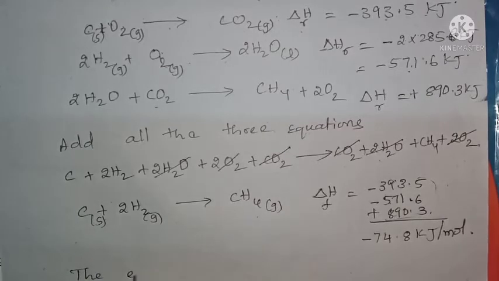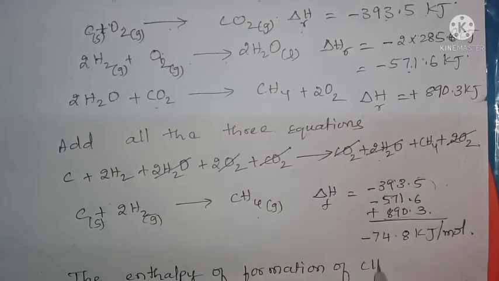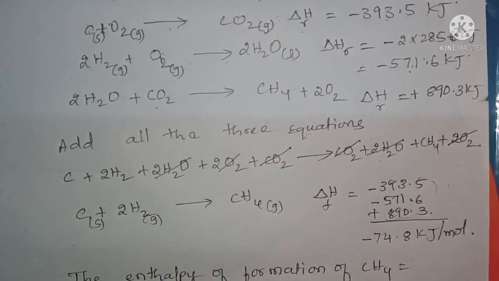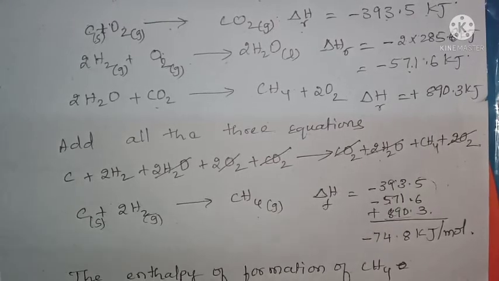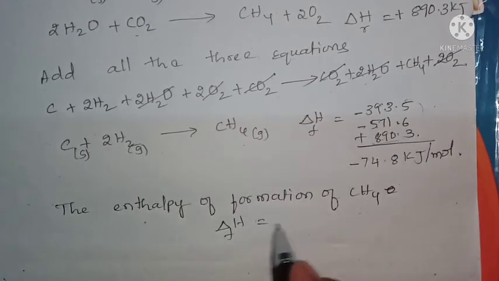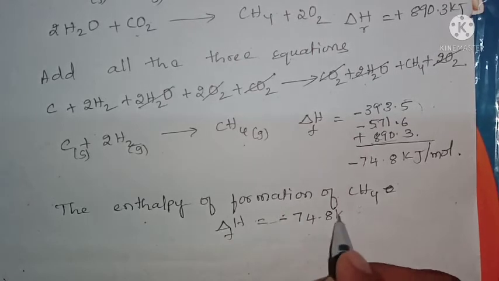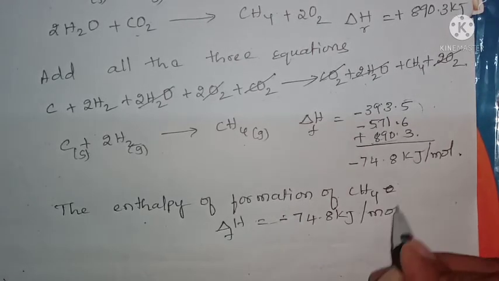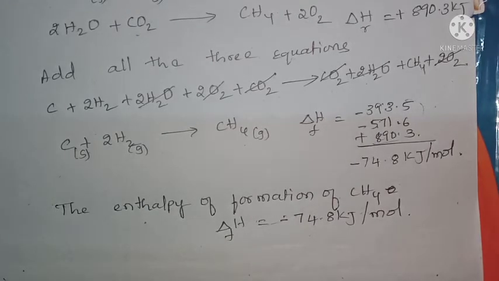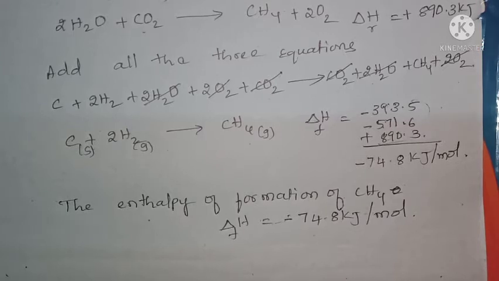The enthalpy of formation of methane, that is delta H formation, is equal to minus 74.8 kilojoules per mole. In this way I have to calculate the enthalpy of formation of methane.